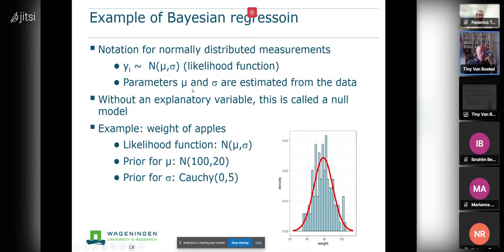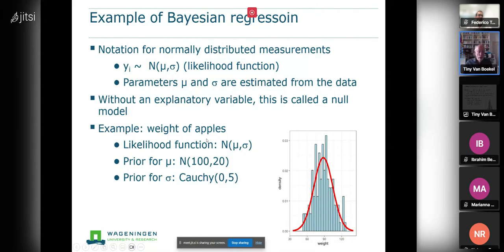Then our task is to estimate these parameters from the data. For the moment, I do not have an explanatory value. There's no X value. We just have data, and we want to derive the mean and the standard deviation. If we do that, we have a so-called null model.